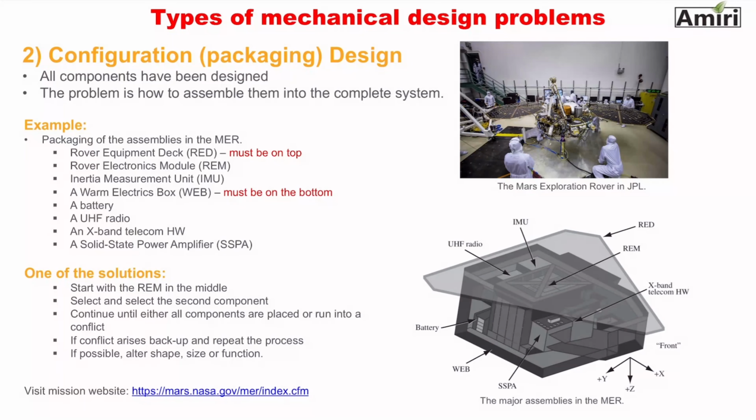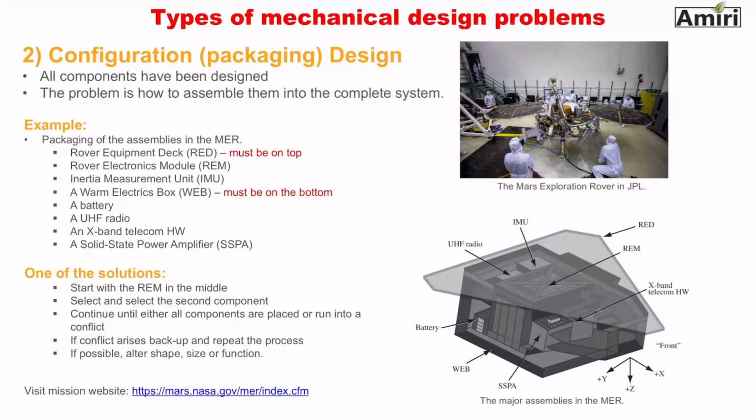Another common type of design is known as configuration or packaging. Some also refer to it as assembly design. That's where all the components have been designed, and you don't have to worry about the components. It's now time to put them together and decide how you arrange them next to each other. A good example of it would be the Mars rover Opportunity.